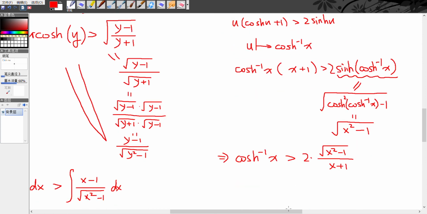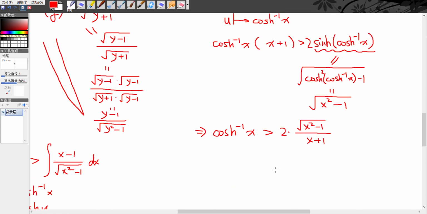So in order to achieve this, all we need to do is just to change our right hand side into 2 times the square root of x plus 1 times the square root of x minus 1, and in the denominator we will have the square root of x plus 1 times the square root of x plus 1.